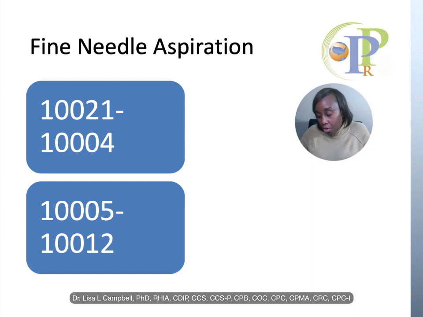So we're going to start on page 89 in our 2021 CPT manual. And we're going to be looking at the fine needle aspiration biopsy codes. So the first thing I want you to notice is that there are subsection notes that are listed on this particular page.